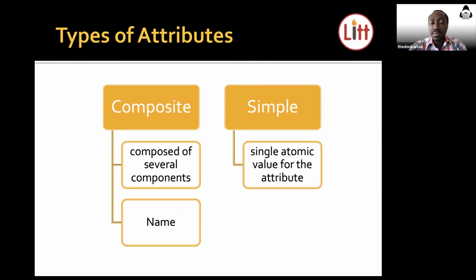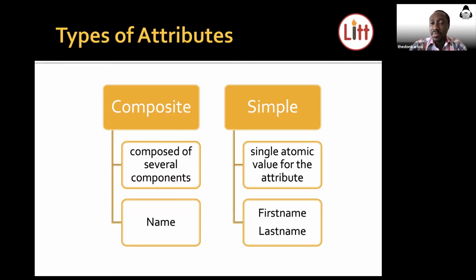Why do we say name is composite? Composite because we can further break down the name attribute into either a first name, middle name, and a last name. Why do we need to look at this? When you are designing your model, the name would be acceptable when you are doing maybe the entity relationship model, or you are just designing it on paper.